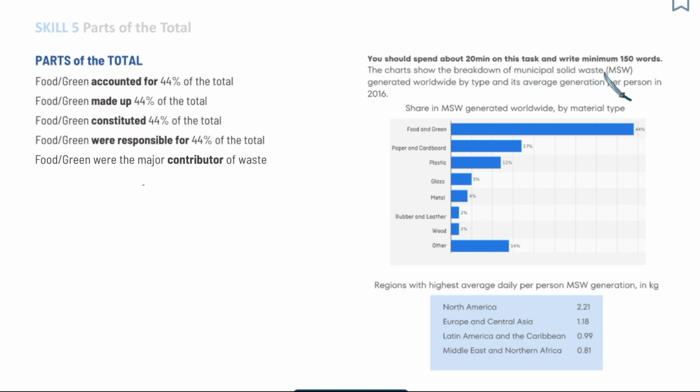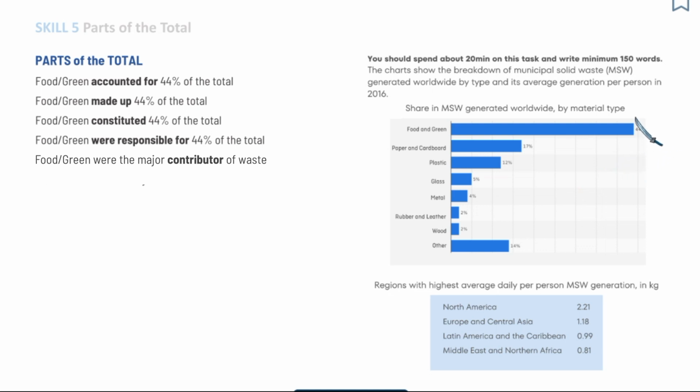Municipal solid waste is basically garbage that all of us produce. And there are main types of materials which contribute to this waste. And here in this bar graph, we can see the breakdown of which type is responsible for how many percent.